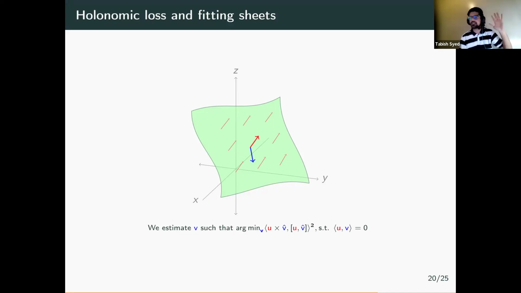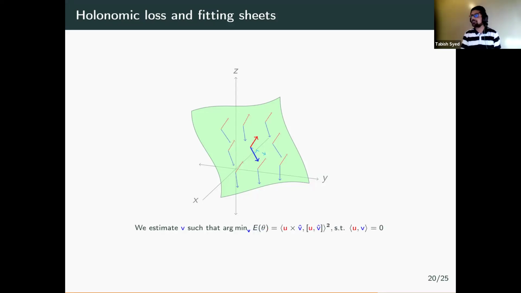It's not completely straightforward, there are subtleties here, but I won't go into those details. In principle, it's just gradient descent on v. So we have this energy, which is the square of this Lie bracket norm. We find its derivative and then use the derivative in simple gradient descent to estimate the second vector field.